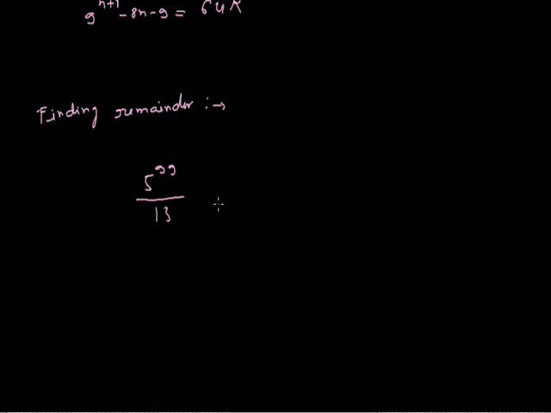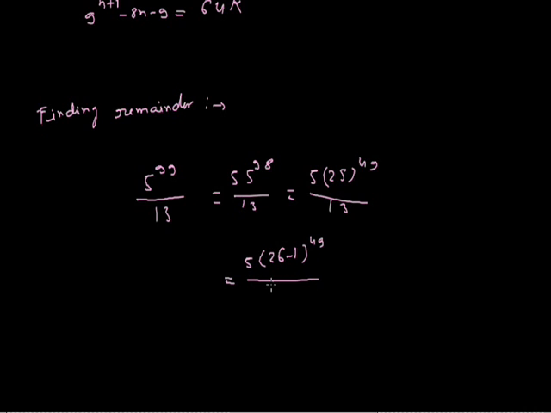So here we can write it as 5 into 5 to the power 98 by 13, and further 5 into 25 to the power 49 by 13. Now here we can write it as 5 into 26 minus 1 to the power 49 upon 13.